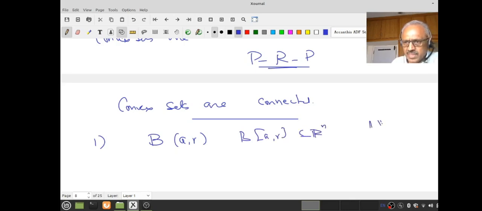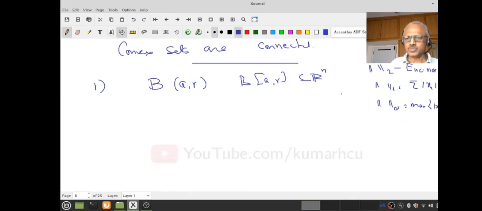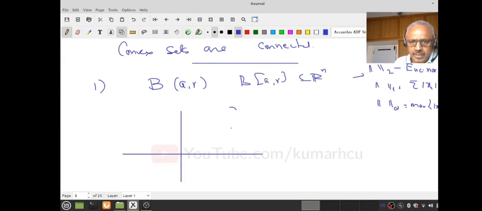Our standard norms are the Euclidean norm, the summation norm, and the max norm. With respect to any other norm, but usually we will do this. Now the picture is going to look like this. So I have A, this is your center, let's not worry about that.